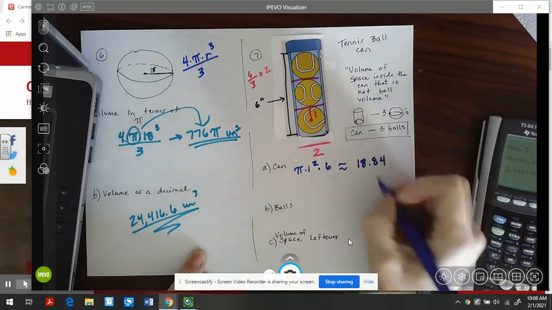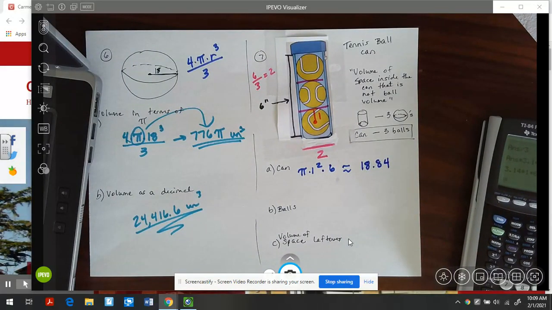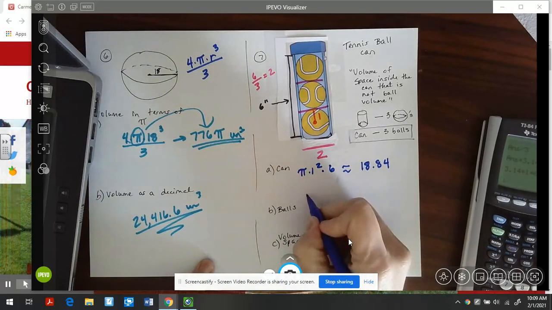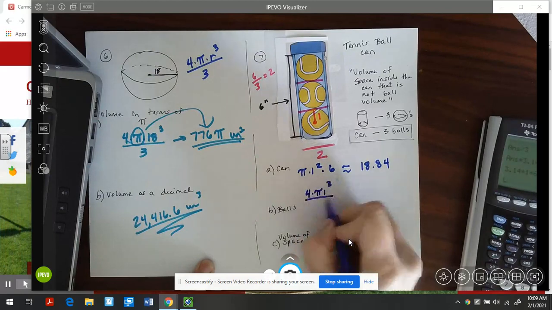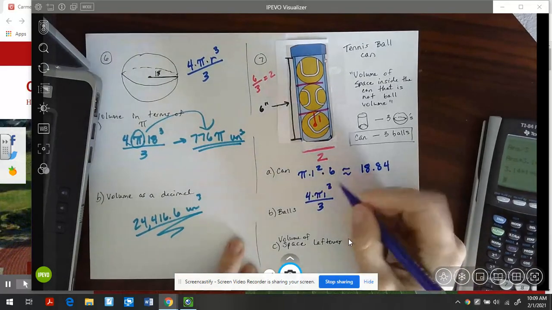Okay, we now have the spheres, the balls, and there are 3 of them. Please find the volume of a ball, and then from the answer choices, what would the volume of all 3 together be? So each ball would be 4 times pi times radius cubed all over 3. That would be 1 ball. And here's the thing, 1 times 1 times 1 is just 1, so it's not very exciting.